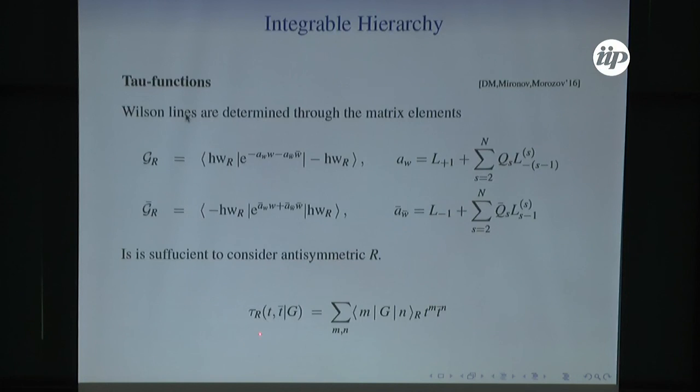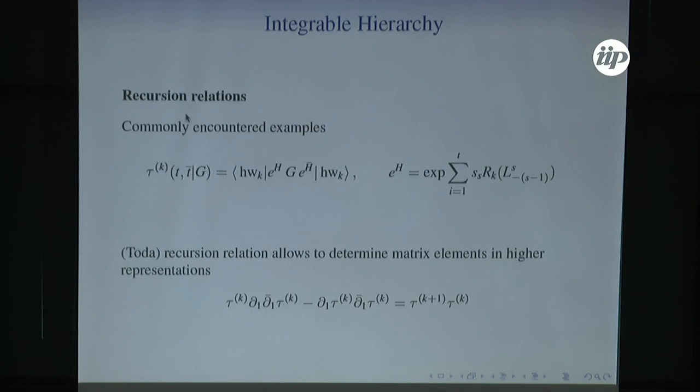So you can compute this in any representation for a given group G. What one normally studies is the matrix elements, or tau functions, computed for group elements between two highest weight states. So you can use that and reproduce all the others.